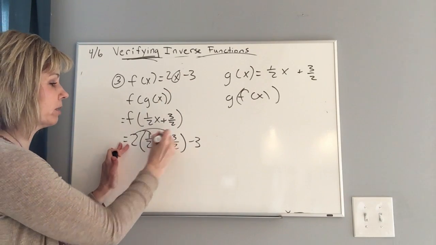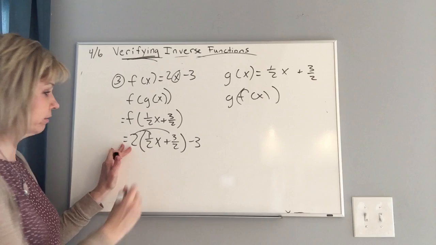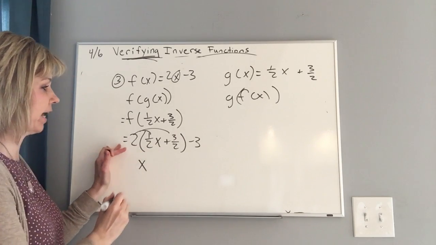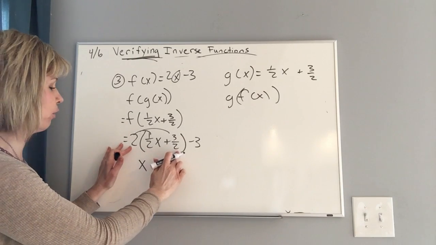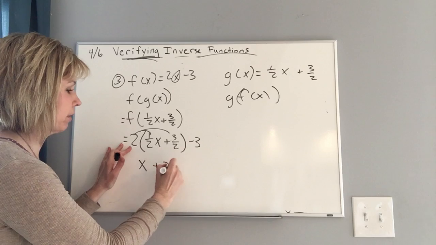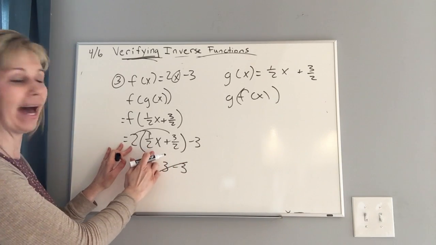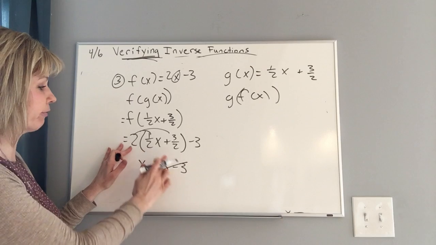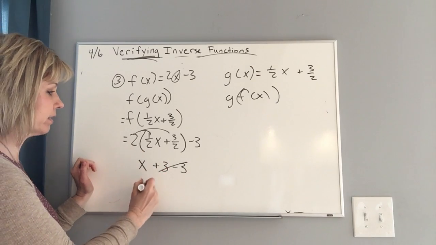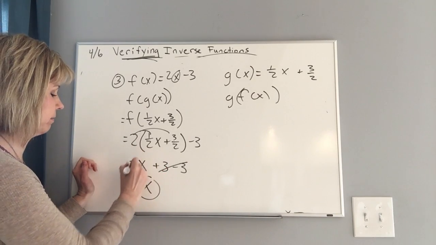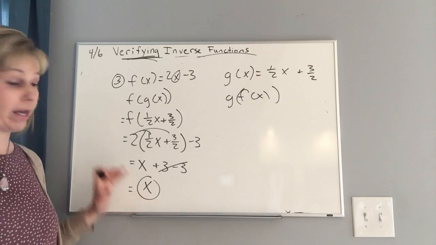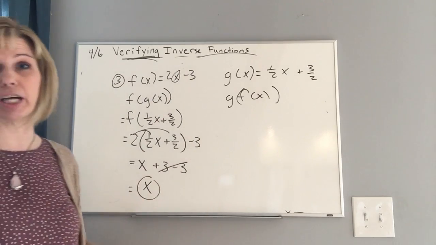So we've got to distribute the 2 first. Half of 2 is just 1x, or just x. 3/2 times 2 over 1 is just 3. And then we have minus 3. So in this case, the 1/2 and the 2 simplified first when we distributed. Now we could say that this is just x. So far, it is good on that side, so we do need to check the other side.